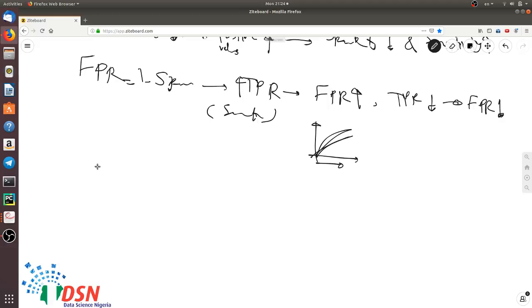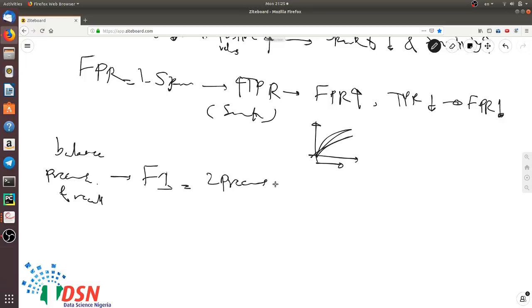And also in the last session, we saw another measurement that is a balance metric between precision and recall, which is the F1 score, defined as 2 times precision times recall over precision plus recall.